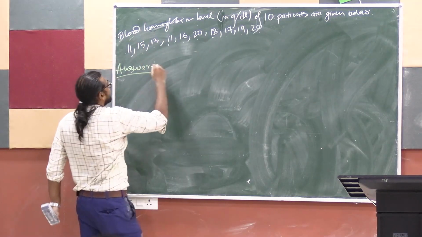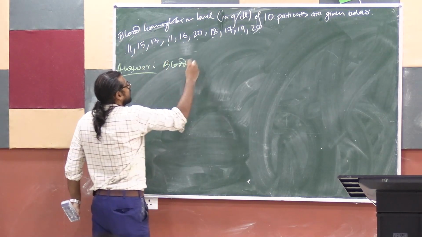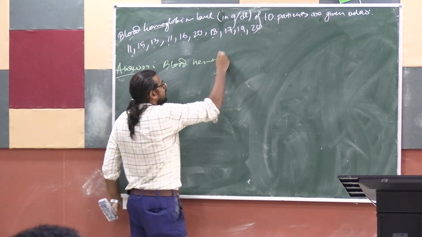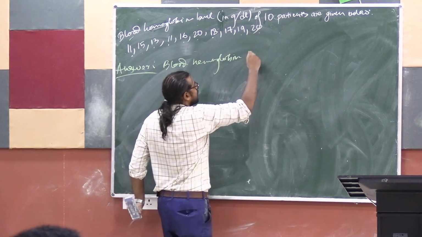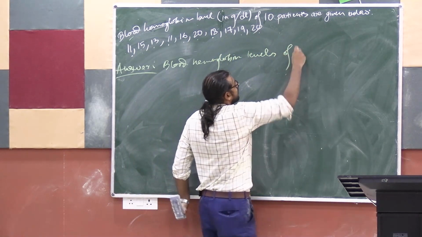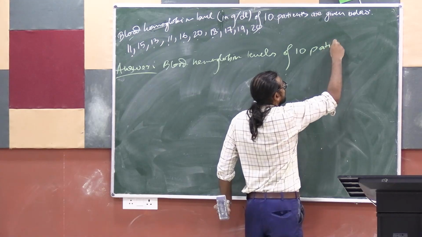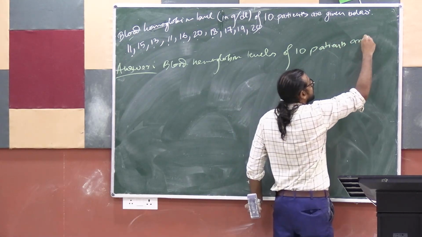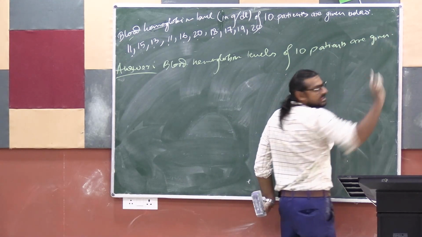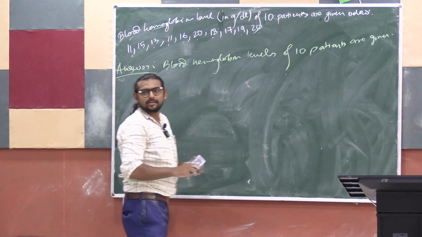We can write this line like: the blood hemoglobin levels of 10 patients are given.